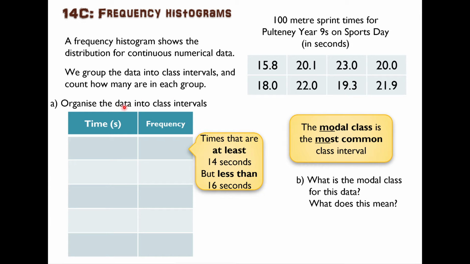Let's organize it, or group it, into class intervals. You can see my numbers go from about 15 to about 23. I could group them in tens, and I could have a group that's from 0 to 20, and another group that is from 20 seconds to 30.